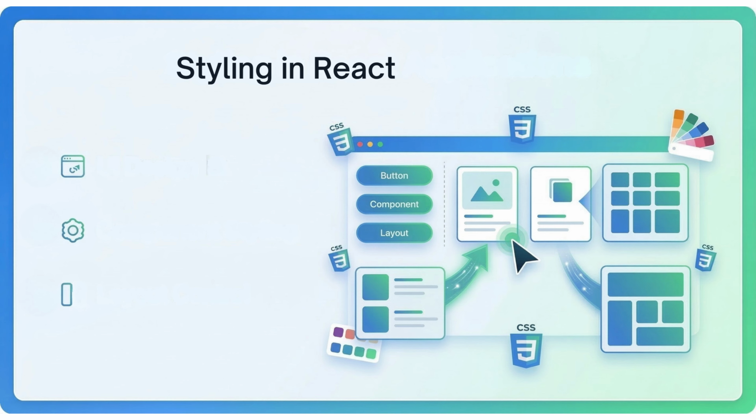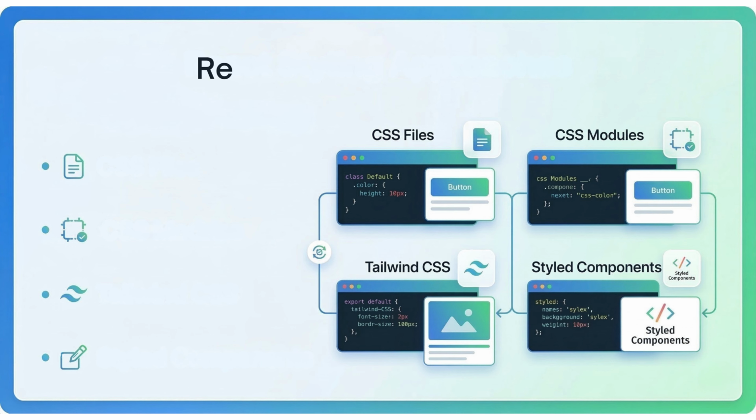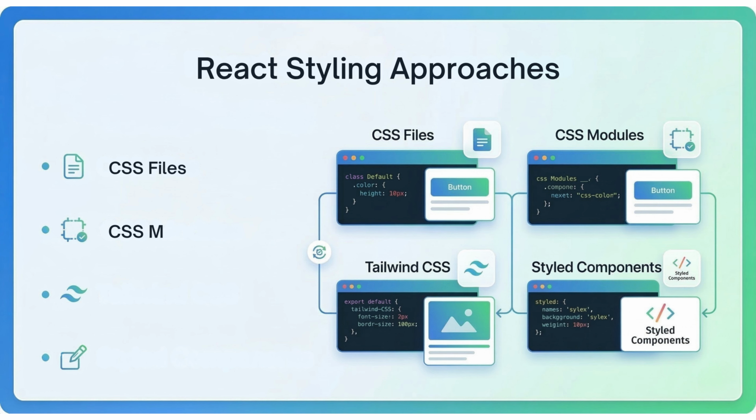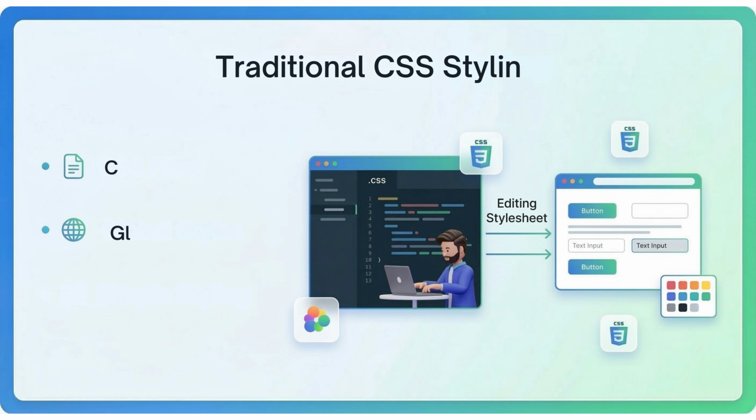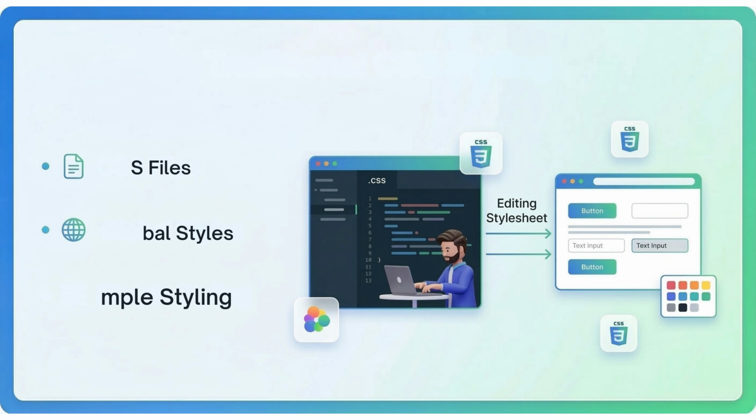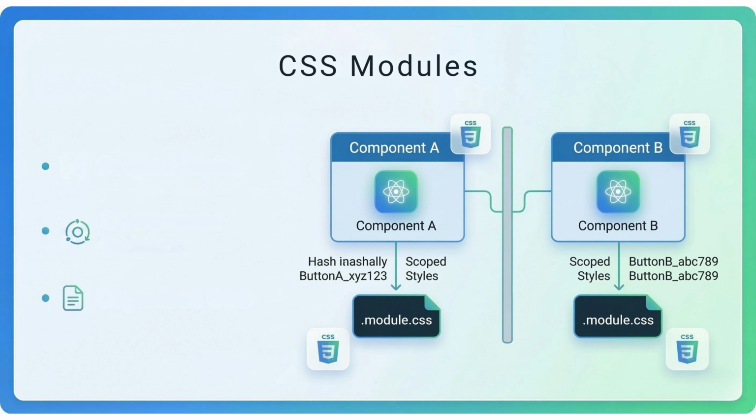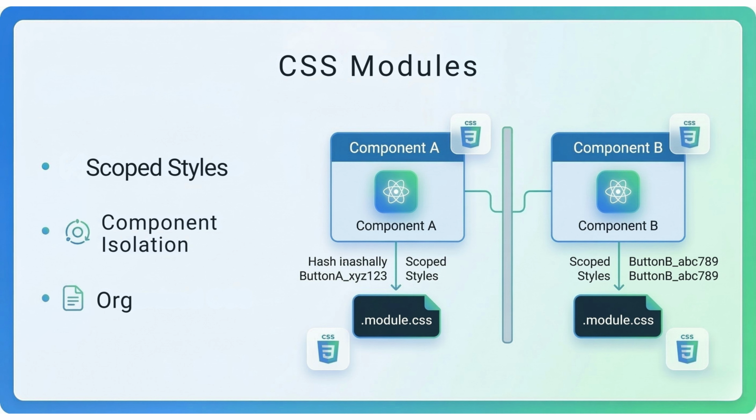Styling in React. Next, let's talk about styling. React applications can be styled using several different approaches. The simplest method is using regular CSS files. Another option is CSS modules, which allow styles to be scoped to individual components.